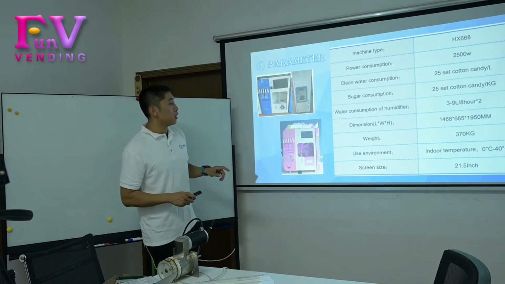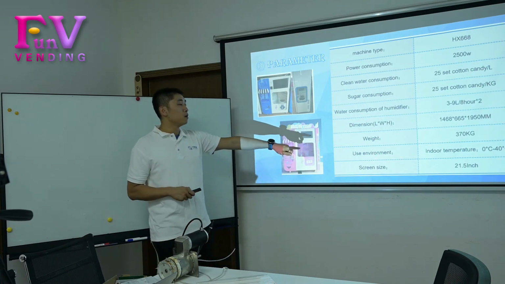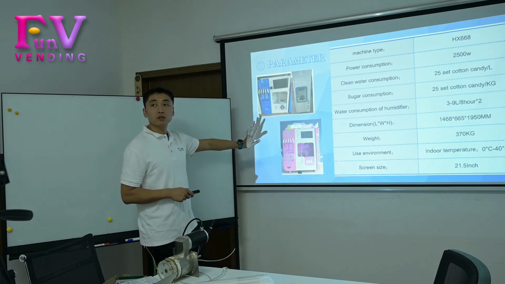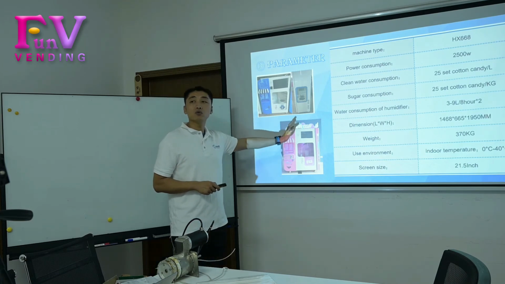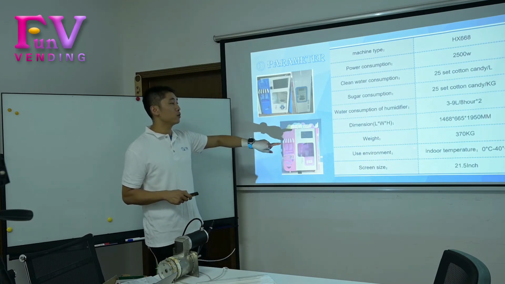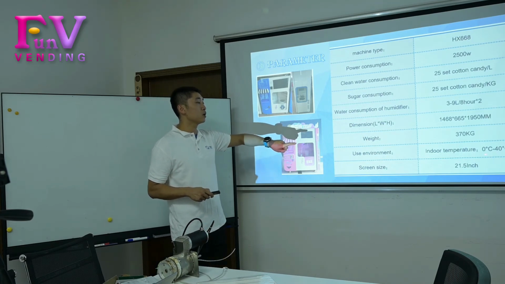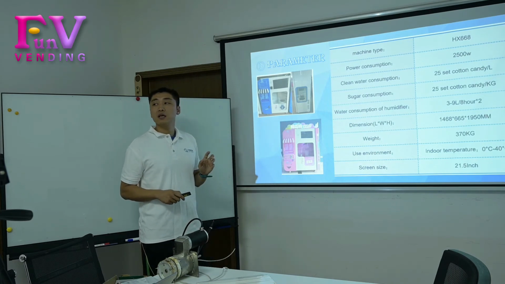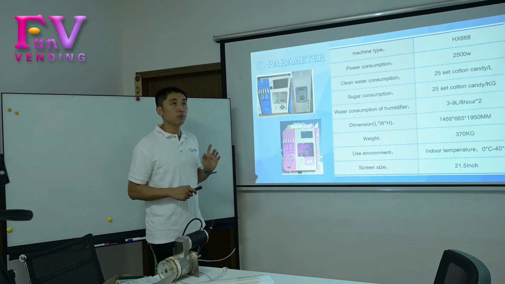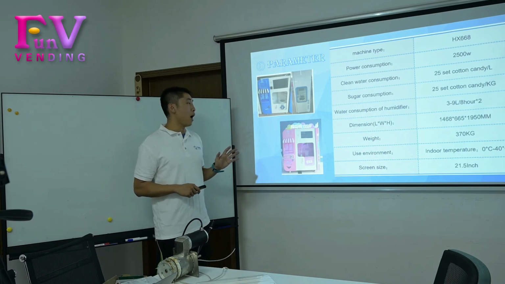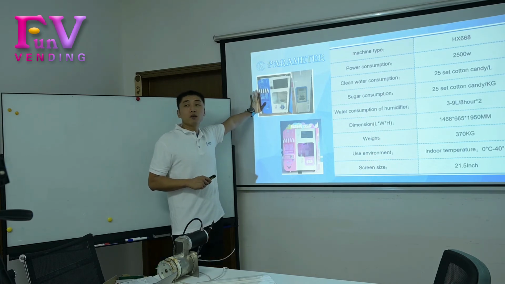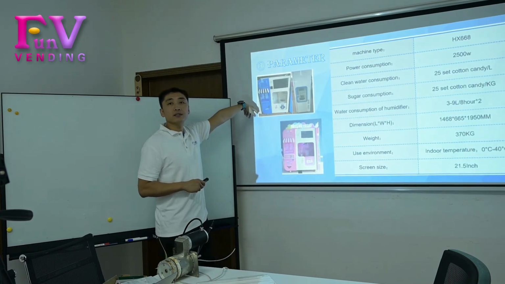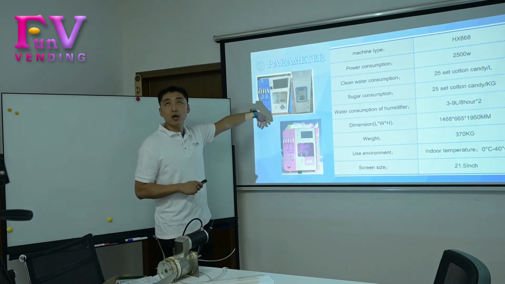Yeah. So, the use environment. This candy cotton machine can be put outdoors and indoors. The indoor temperature is 0 to 40 degrees. But on the other hand, we would like to recommend that you put this machine indoors. Why? Because the material for the case is iron, with a thickness of maybe 1.0 to 1.3.